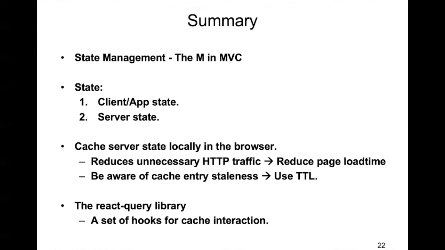The way we deal with the staleness is to configure our cache using a time to live configuration, so that once entries are in a cache for a certain period of time, the cache will tag them as being out of date. And the next time the app requests that particular cache entry, the caching technology will immediately re-request the data because it's potentially out of date.